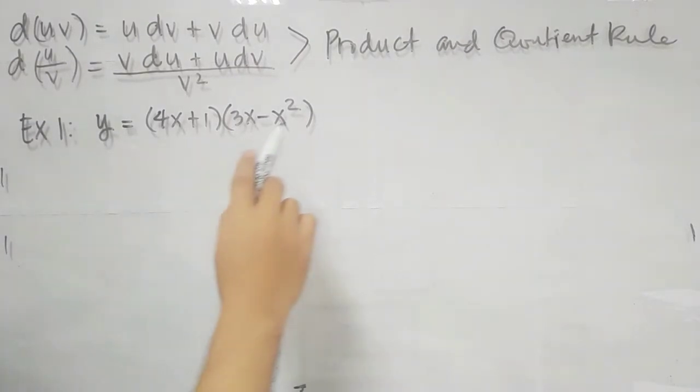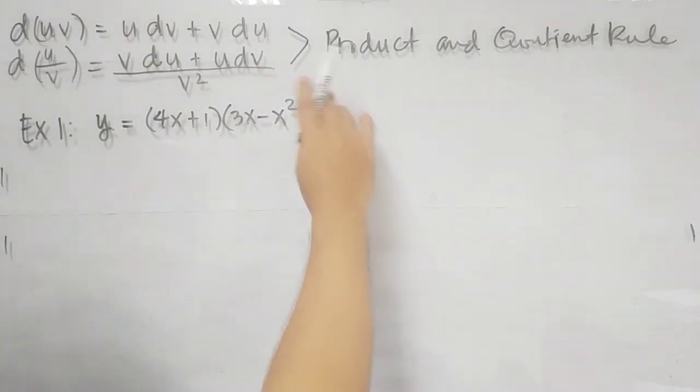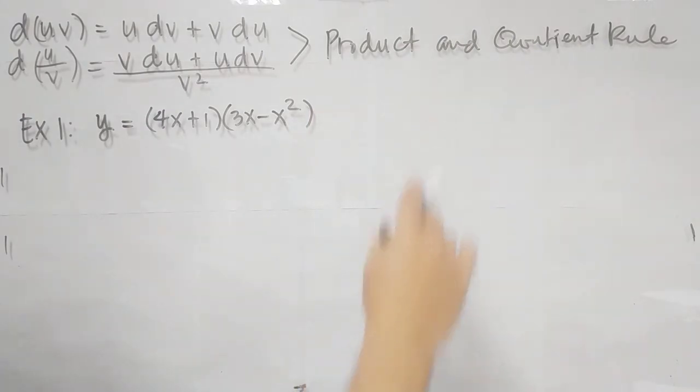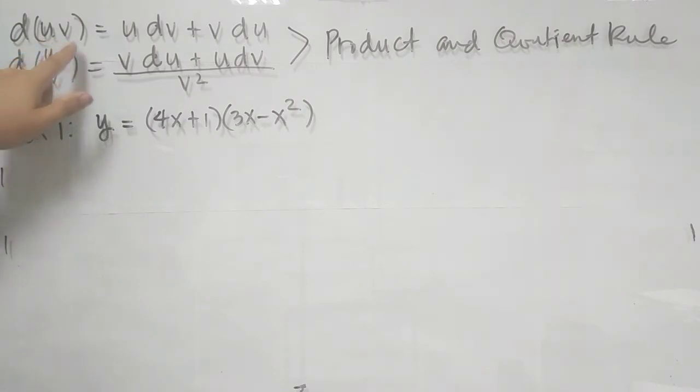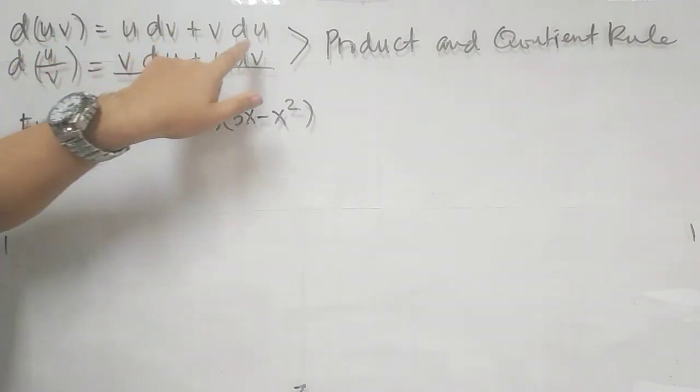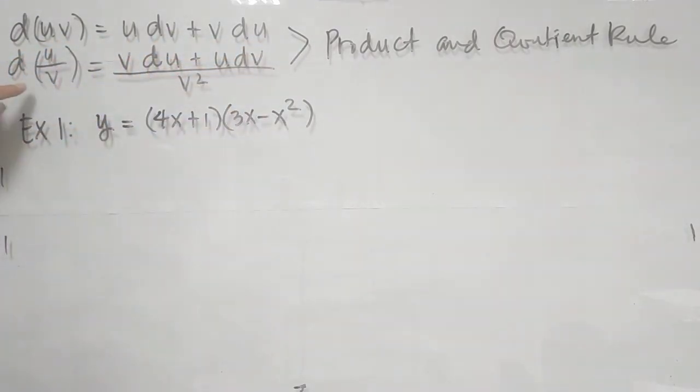We have an additional example for product and quotient rule. This is in terms of derivatives. So our main formula for product and quotient rule, we have this one: the derivative of uv equals u dv plus v du. And that is for product.